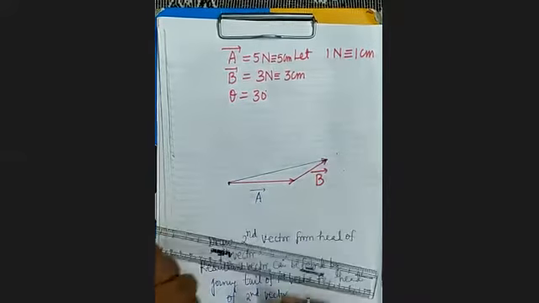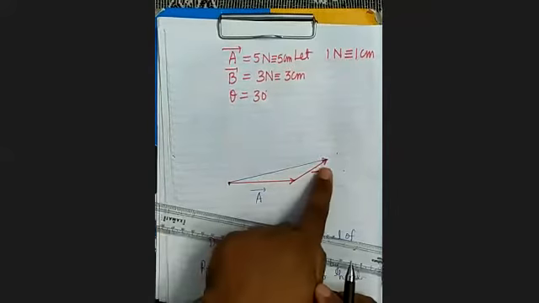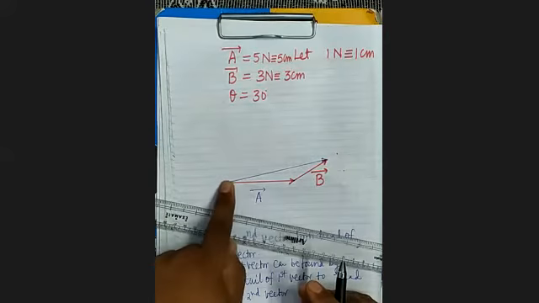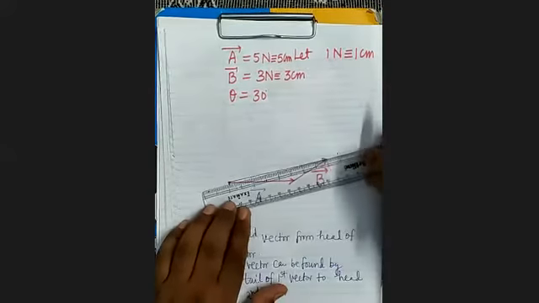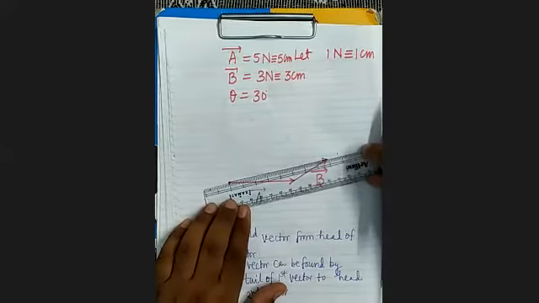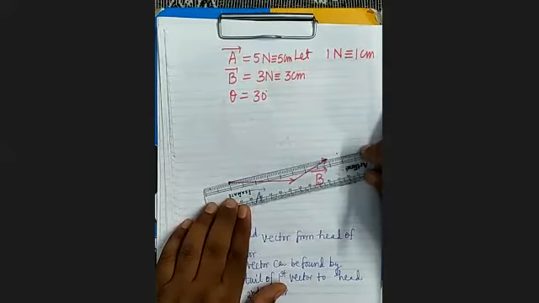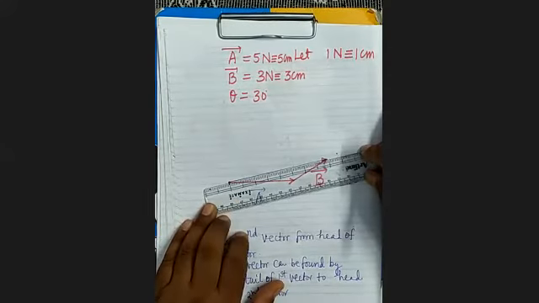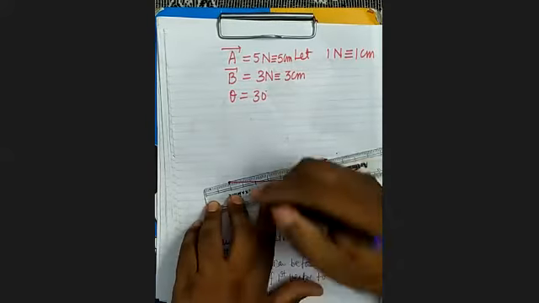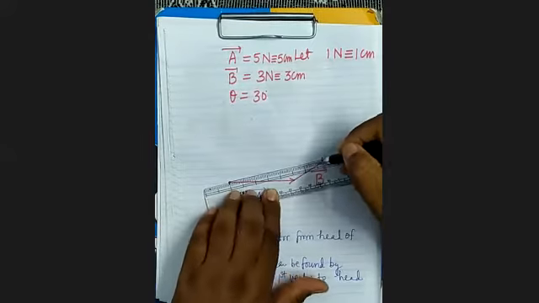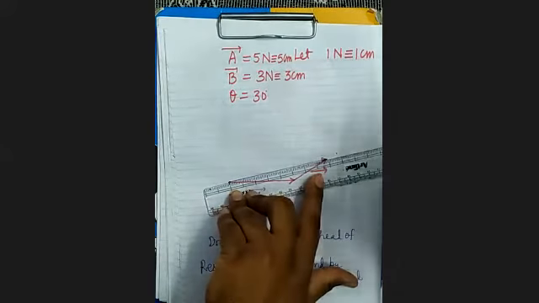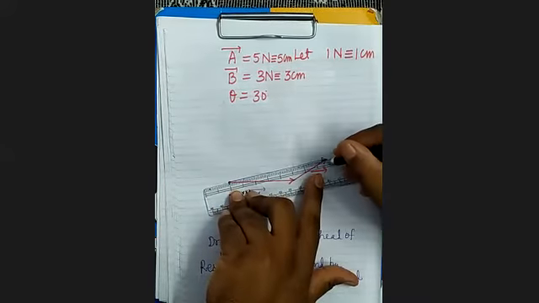मतलब ये लाइन सेगमेंट क्या कर रहा है? It is representing the resultant in magnitude as well as in direction. You measure its length. What will you get? Its length here is 1, 2, 3, 4, 5, 6, 7, and here it is 7.8.